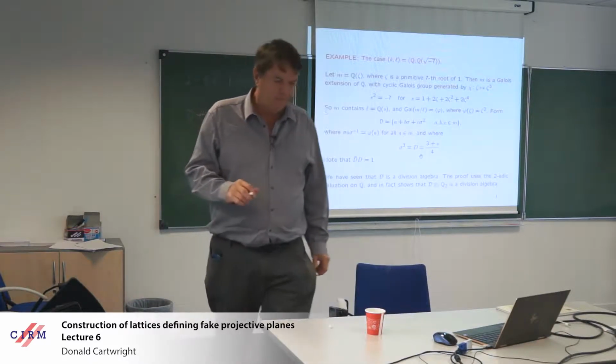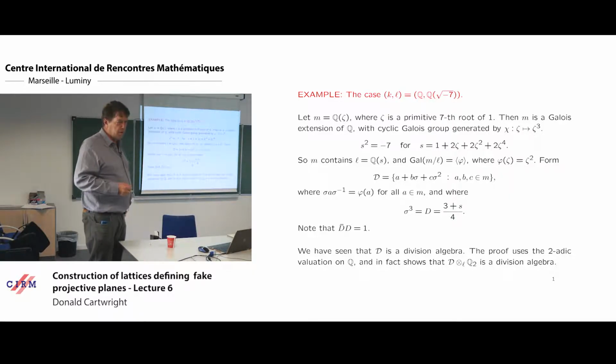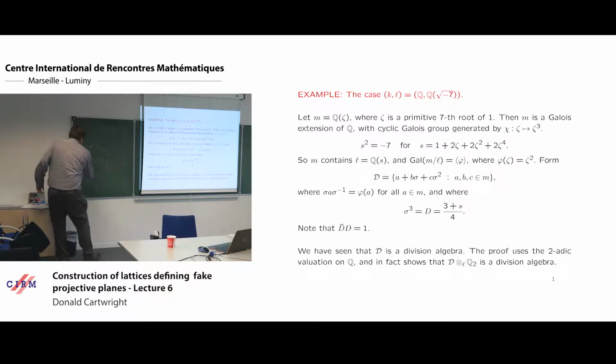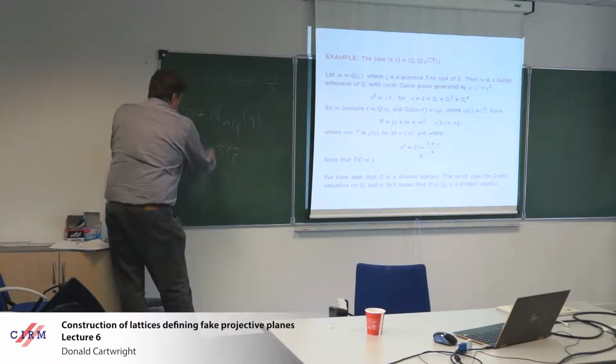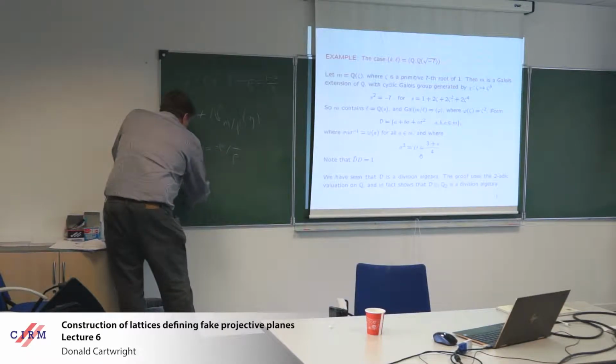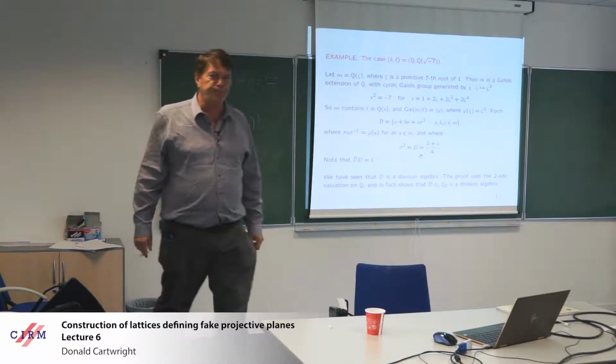So D has the property that if you take a valuation on L of D, you get 0 unless the valuation is one of the two 2-adic valuations. So at the valuation corresponding to this ideal, you get valuation 1, and at the valuation corresponding to this ideal, you get -1.